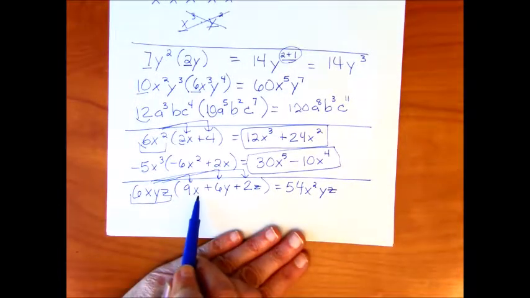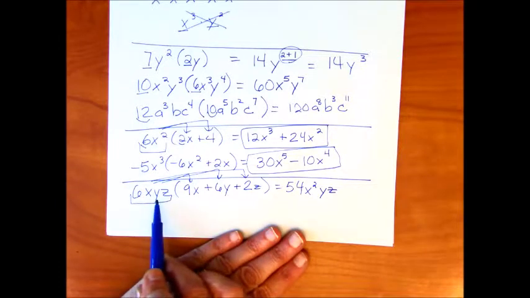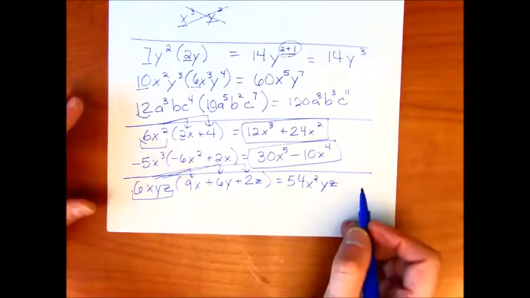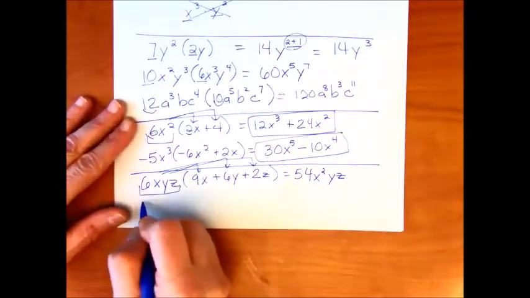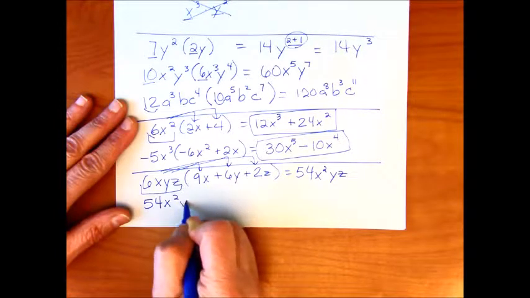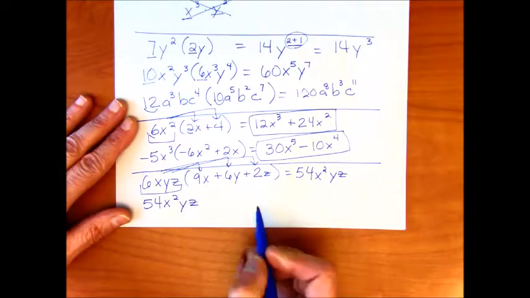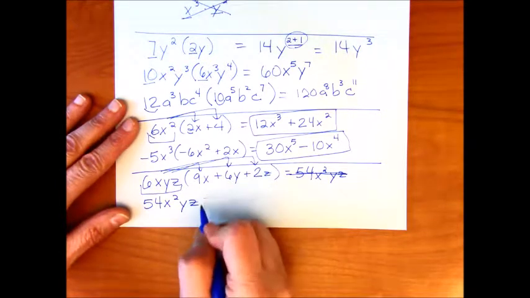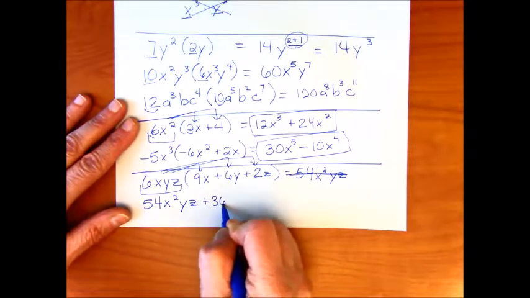This one doesn't have a y or z, so I need to at least have the y and z represented in this term. I'm going to run out of room. Let me rewrite that down here. So 54x squared y z, and now we're going to go 6 times 6, so that's plus 36.